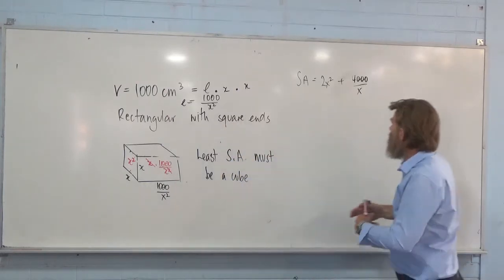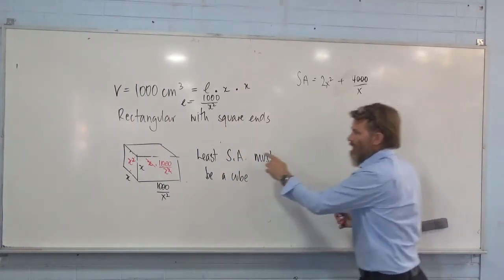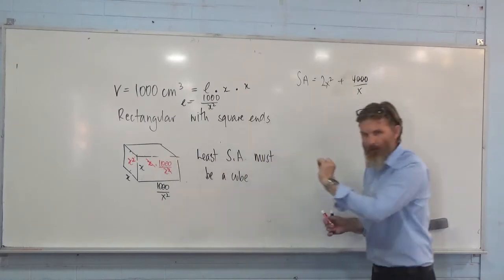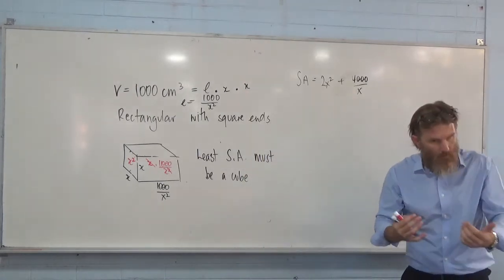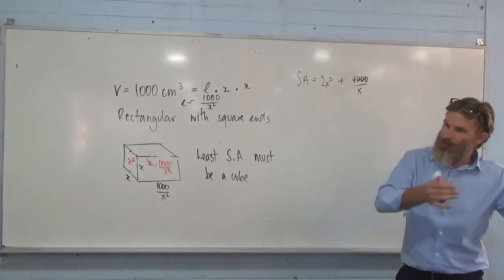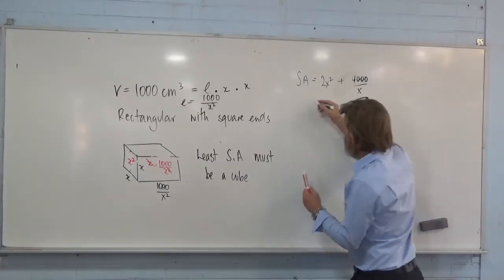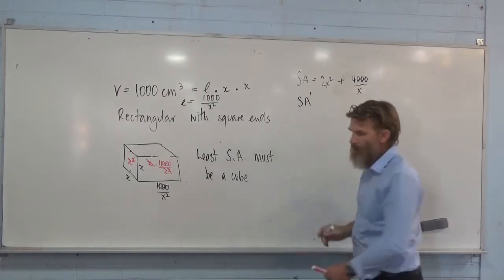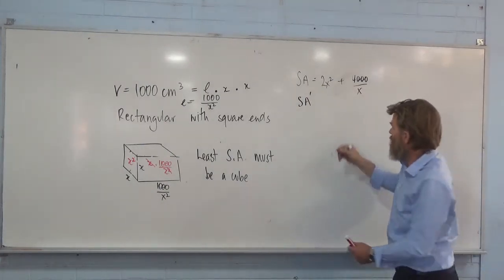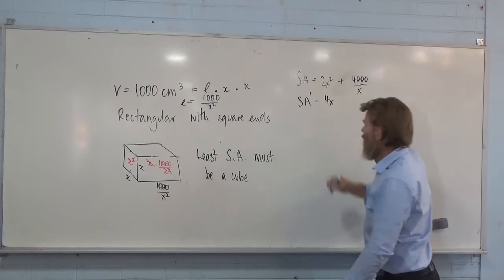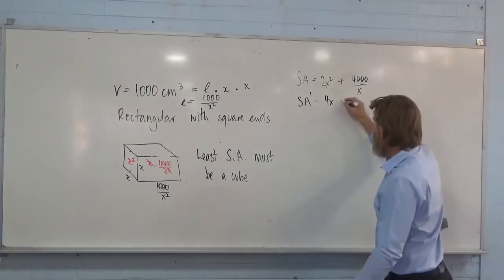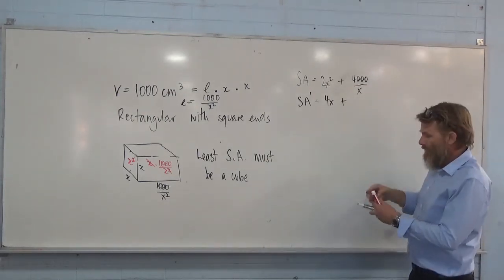Once I'm here, because I want the least surface area, I want the minimum, and if I want a minimum, I want to differentiate and let it equal 0, don't I? So your steps now are differentiate. Well, let's do it. SA prime, differentiate, equals 4x. Okay, that's easy. Now, here, think of it in two ways.